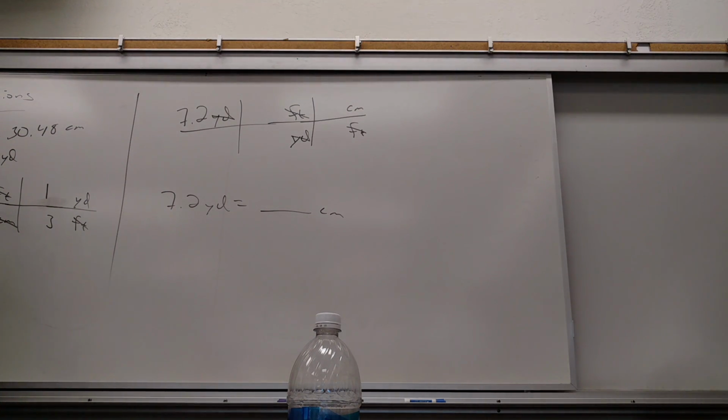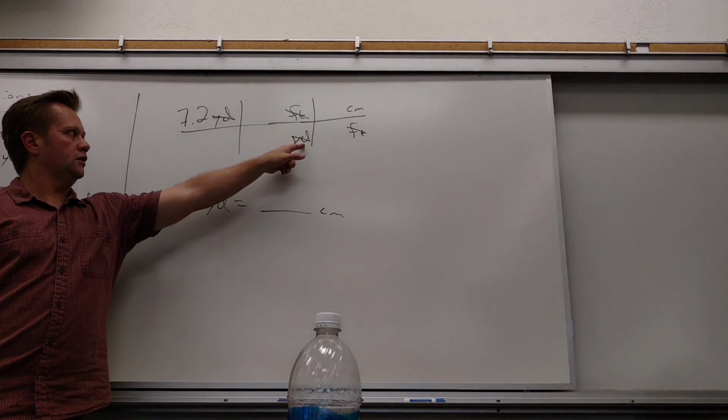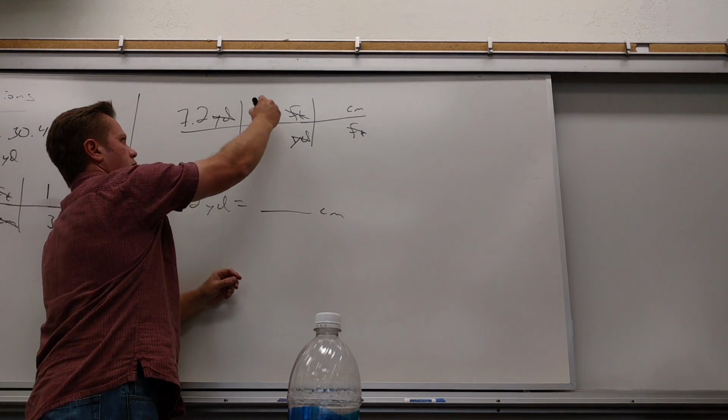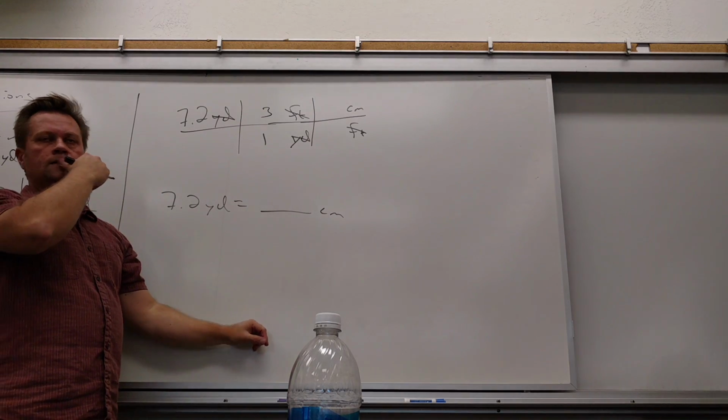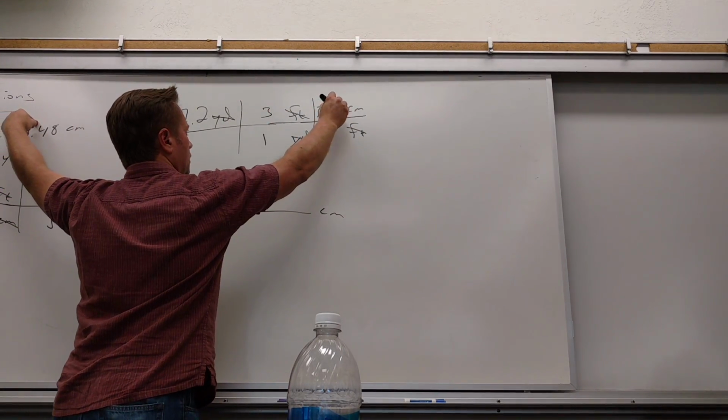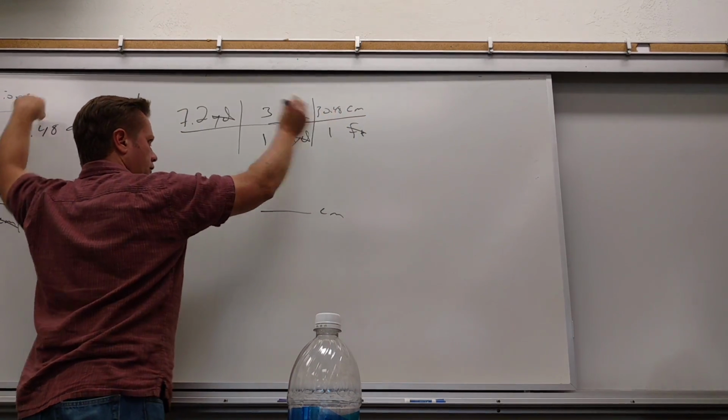Now I just fill in the numbers in the right place. Feet and yards, there are 3 feet in 1 yard. So 3 with the feet, 1 with the yard. Centimeters to feet, there are 30.48 centimeters for every 1 foot.